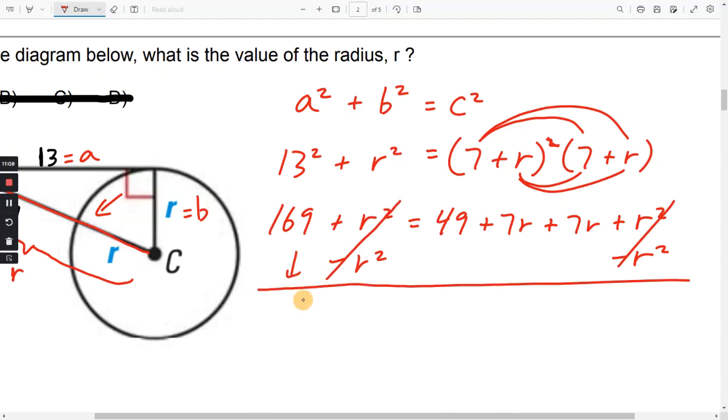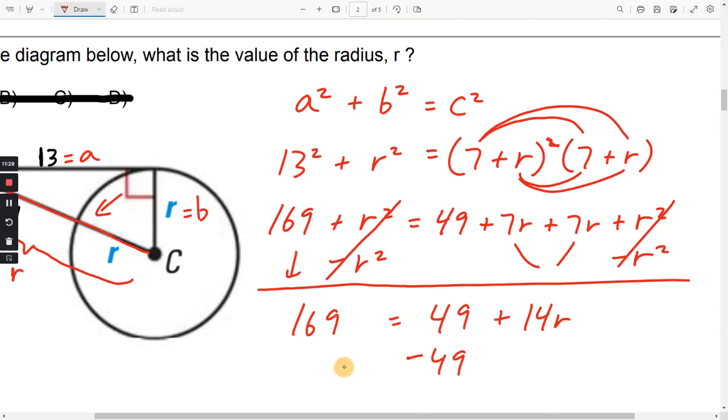Alright, bring down your 169. Bring down your equals, the 49. And we have 7r plus 7r. Combining like terms, that's 14r. Alright, we're looking to solve for r, so get the 49 on the other side.